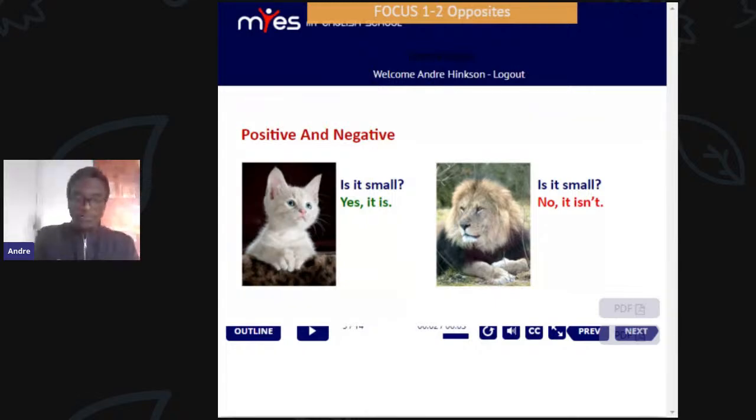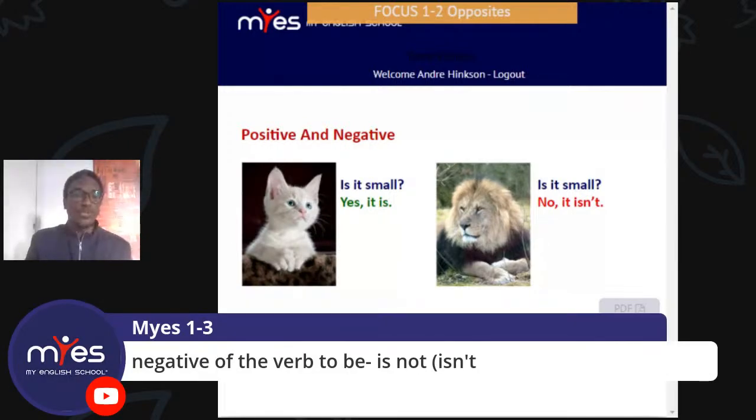So negative of the verb to be, we have is not with the contraction isn't for the negative. Yeah. So when using the negative form of the verb to be in the singular form, we use is not, but of course we shorten it to the contraction isn't. Yeah? So no, it isn't.